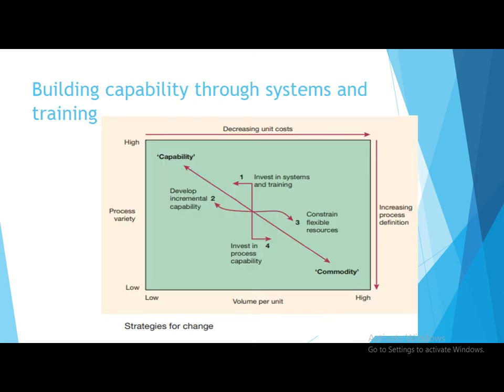Few organizations are able to manage the changes without some degree of disruption, and the directions for change illustrated may not be what was planned or desired, but describe what actually occurred. So there are four parts: building capability through systems and training, building capability through incremental development, moving to a commodity by constraining the flexible resources, and moving to a commodity through investment in process capability.